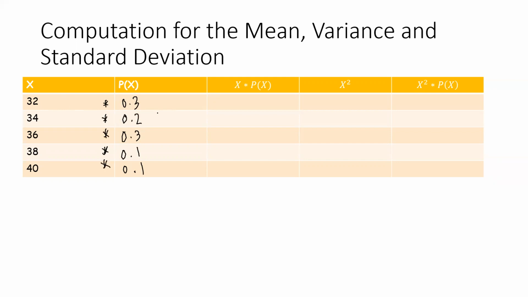So 32 times 0.3 is 9.6. How about 34 times 0.2? It will become 6.8, while for 36 and 0.3, it will become 10.8, while 38 times 0.1 is 3.8, while 40 times 0.1 is 4.